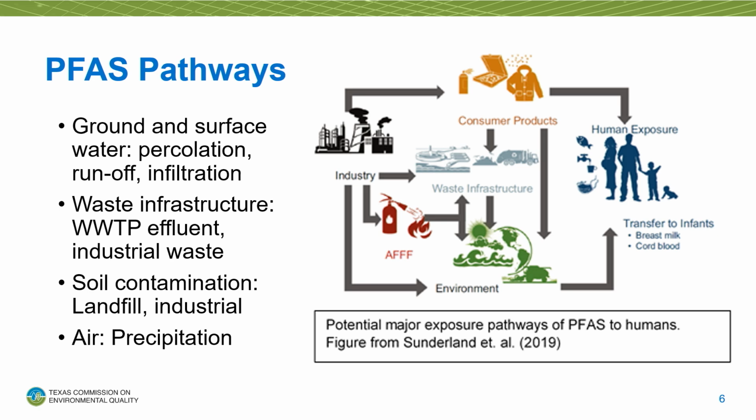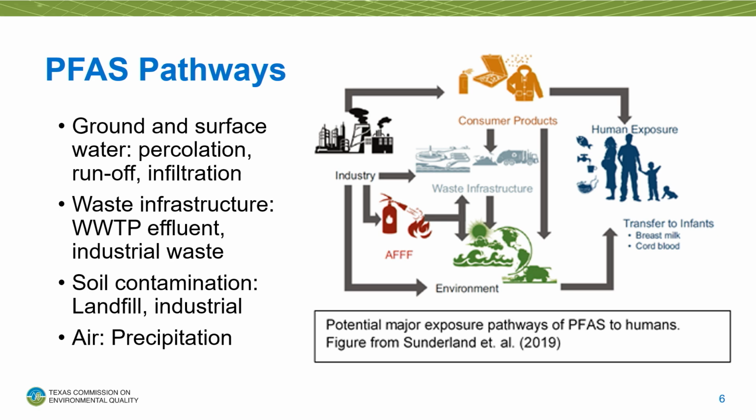PFAS pathways. This is an infographic I like that shows how it can lead to human exposure. It starts with industry, and then it can go through a direct link to human exposure through consumer products. Those consumer products can also go to waste and then eventually enter the environment and then lead to human exposure. Another link is straight from industry.